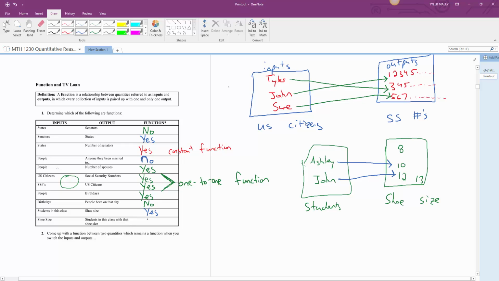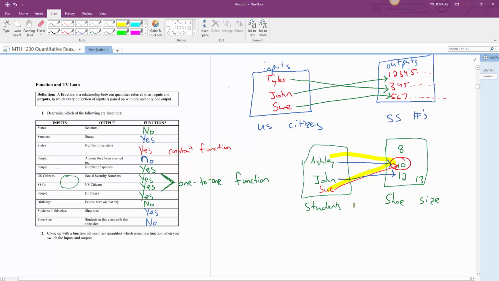And in general, this would be a no, right? Because we could have more than one person with the same shoe size. For example, maybe I have Sue here who also wears a size 10. So if I reverse the mapping, going from shoe size to students, then if I input 10 here, I'm going to get an output of Ashley and also Sue.